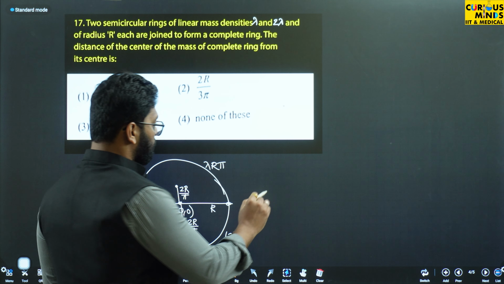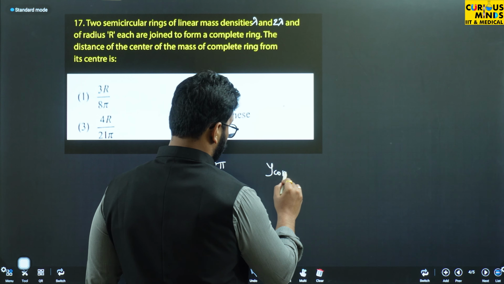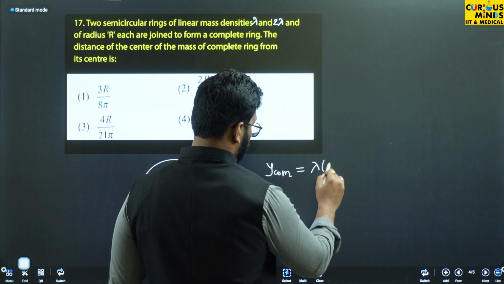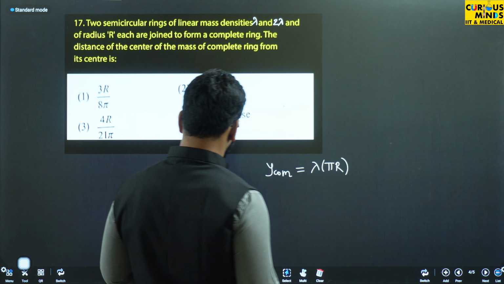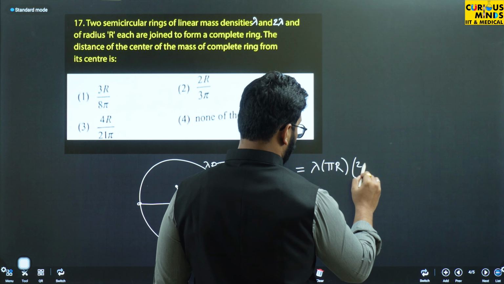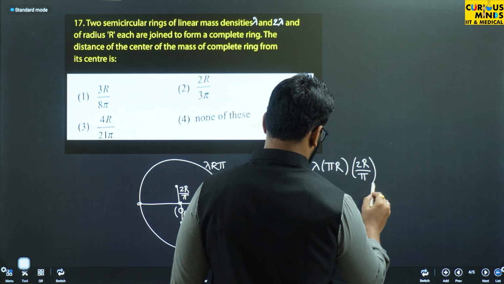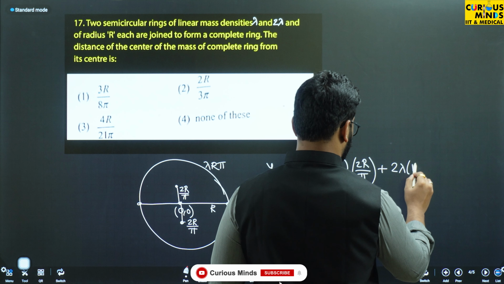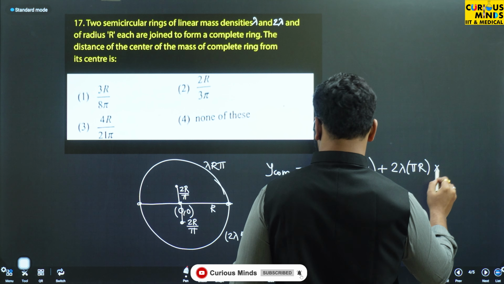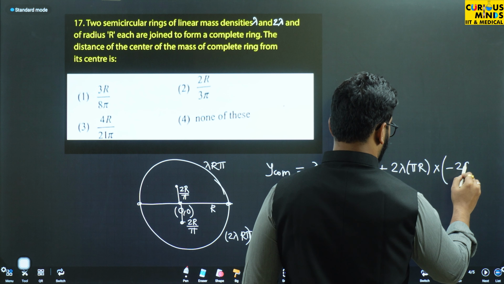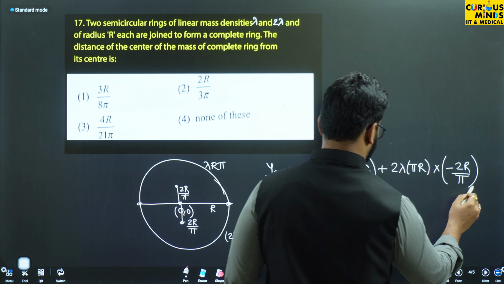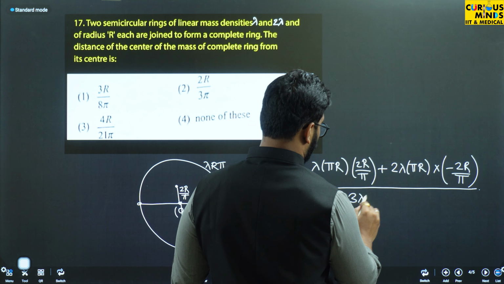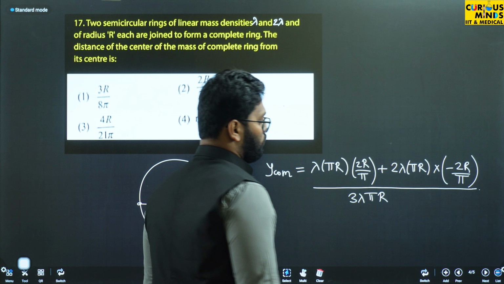So now YCOM will be lambda times pi r, this is the mass, times 2r by pi, plus 2 lambda times pi r into minus 2r by pi, divided by the total mass, that is 3 lambda pi r. This is the total mass.